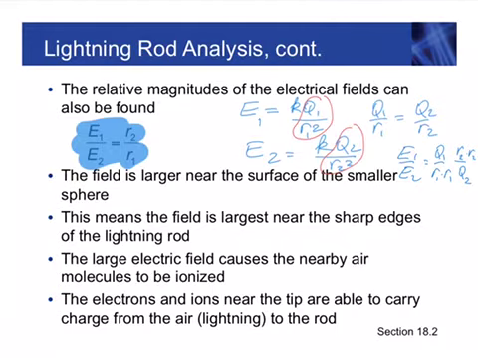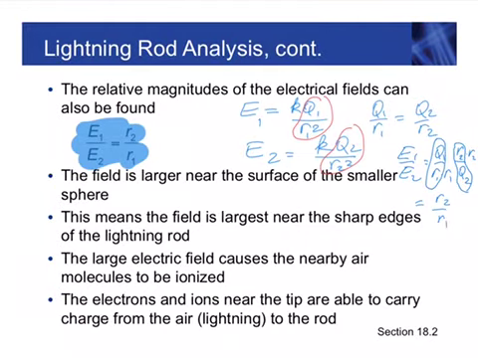And so, since Q1 over R1 is the same as Q2 over R2, they cancel out, and we end up with R2 over R1.